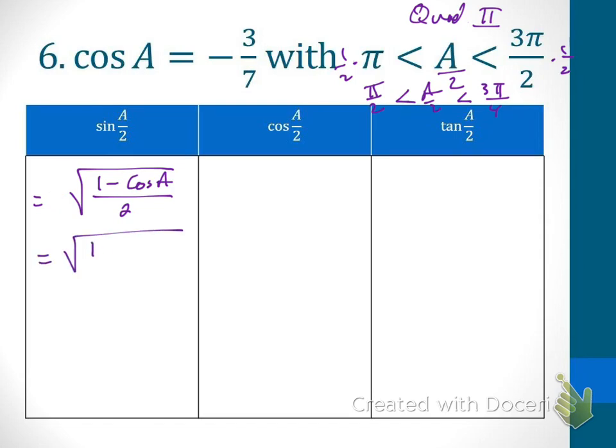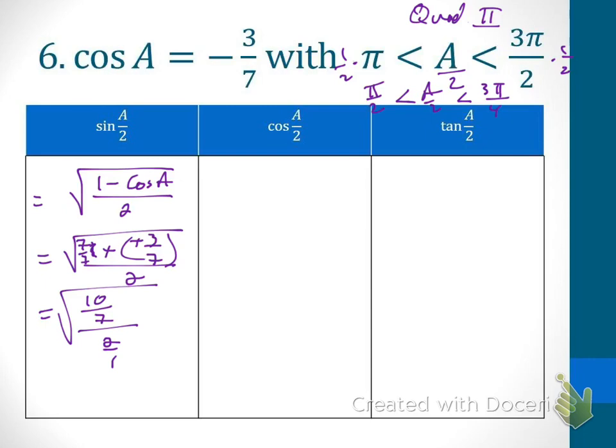We go square root of 1 minus negative 3 over 7 all over 2. Now, 2 negatives make a positive, so I'm going to go ahead and make that. I'm going to make this 7 over 7 to get a common denominator. 7 plus 3 is 10, so we get 10 over 7 over 2, and all that is in the square root.